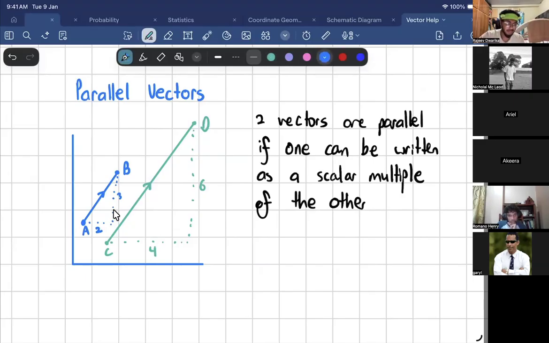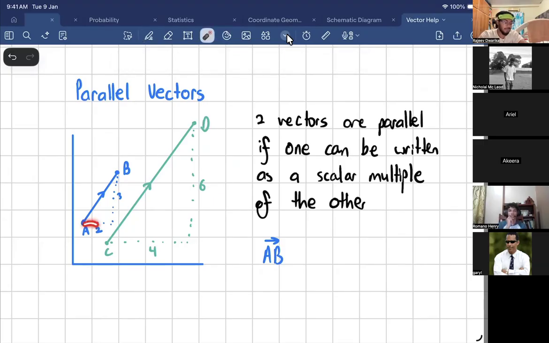So what would that mean? You're probably saying, so what does that mean? What I'm saying is, if I want to go from A to B, I would have to move 2 units to the right, and then how much up? 3 up, right?